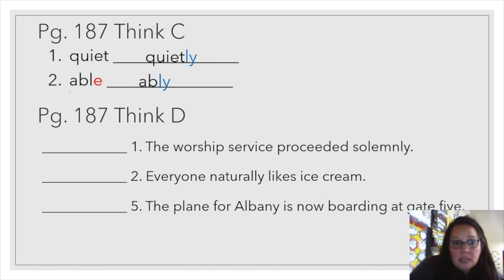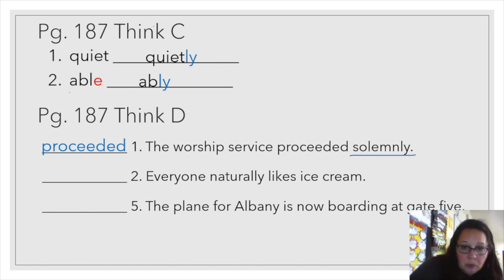And then for section Think D, it says underline each adverb, and in the blank write the verb or verb phrase that it describes. So we're going to underline the adverb. In this case, it's solemnly, because a lot of the adverbs have ly. And now we're talking about what is being described. What is solemnly talking about? What verb? In this case, it's talking about preceded, which is right here. Preceded.